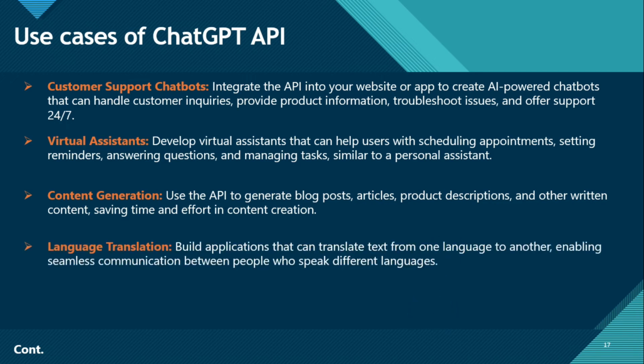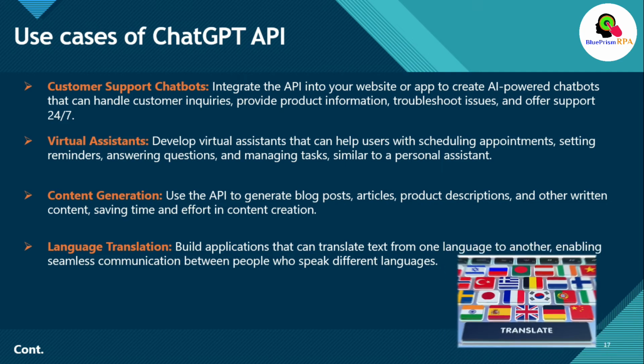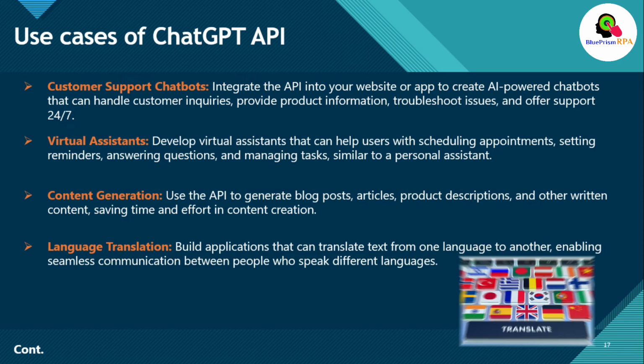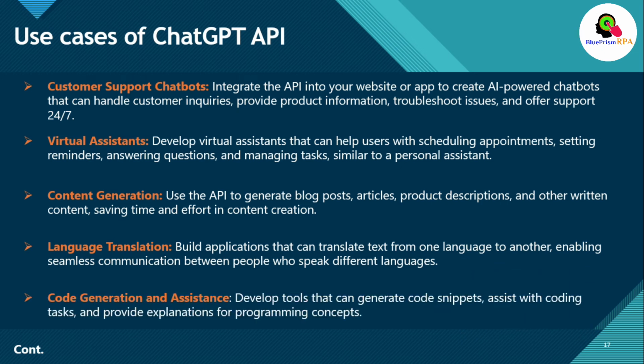It is helpful in language translation. This ChatGPT API can be useful in building a language translation application, which can translate text from one language to another, enabling seamless communication between people who speak different languages. Code generation and assistance. Developer tools that can generate code snippets, assist with coding tasks, and provide explanations for programming concepts.